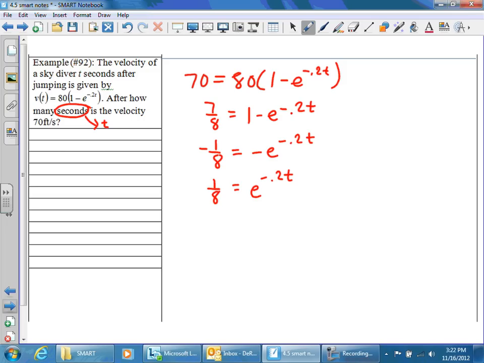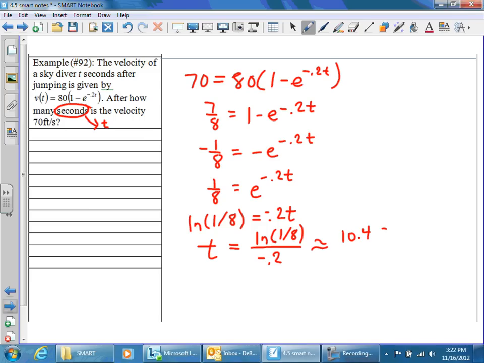And now we can ln both sides. Divide by my negative 0.2. And I get approximately 10.4, and again, it is in seconds.